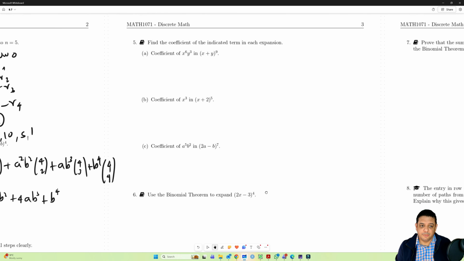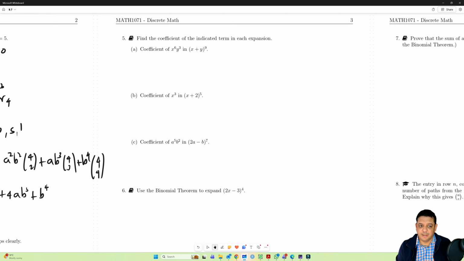Okay, so let's move on to question 5. In question 5, we want to find a specific coefficient that is indicated in each of the expansions. So we have x to the 6, y to the 3, and (x plus y) to the power 9. We don't want to go for the full expansion, so we're just going to focus on the particular term that we need.